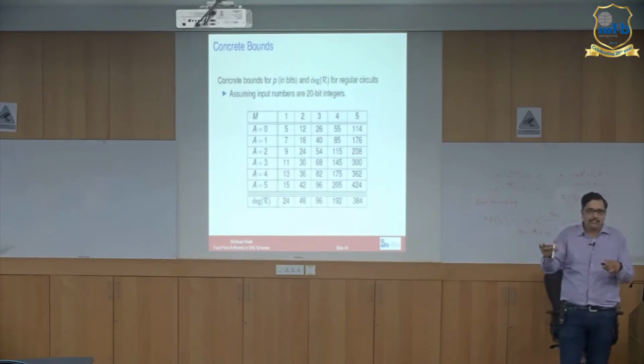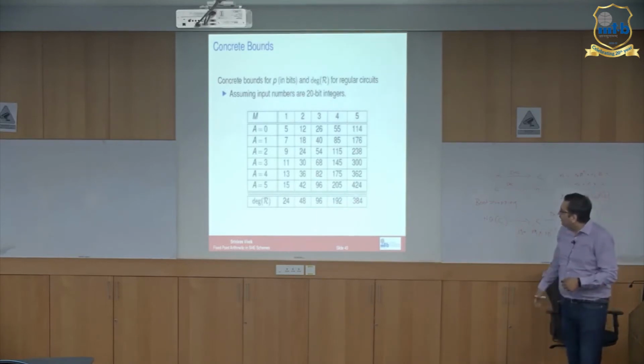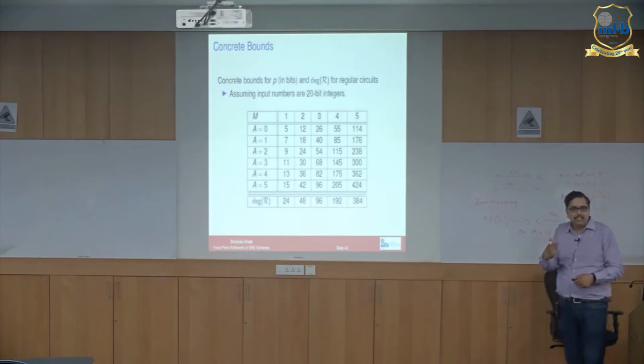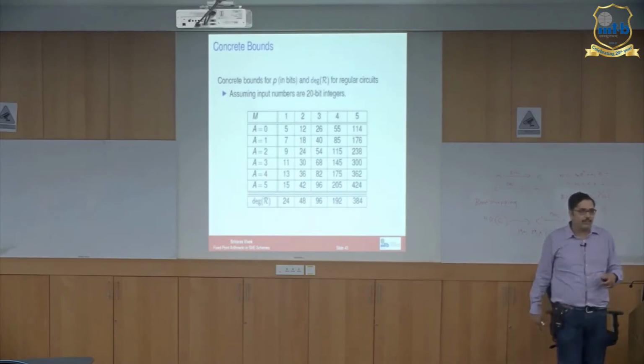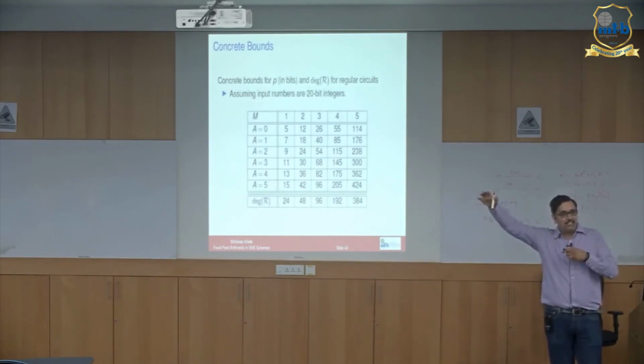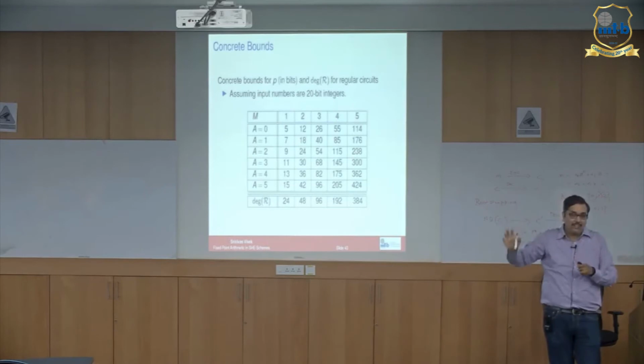Suppose there are just 5 addition gates. Interestingly, the max size of the output coefficient will be 424 bits. Just 20-bit input, a very simple circuit, and it becomes 424 bits, which is huge, right? We need to choose the parameters for the worst case, and our computations become slow.